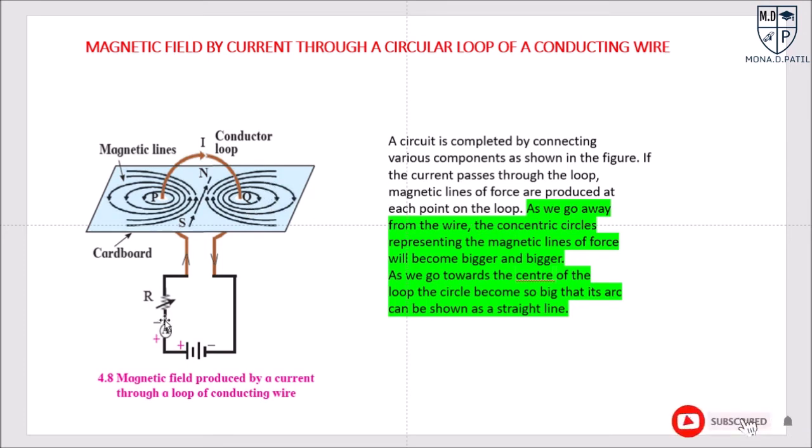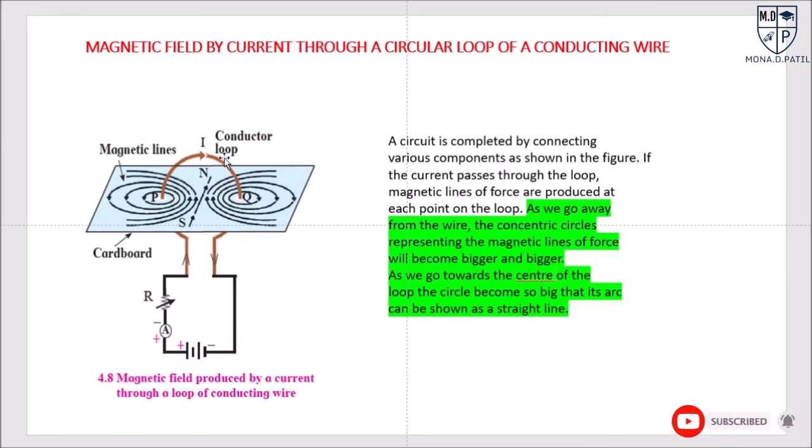The ammeter is used for measuring how much current we are applying, and the battery completes the circuit so that current will flow. The circuit is completed by connecting various components as shown in the figure. If the current passes through the loop, magnetic lines of force are produced at each point on the loop.